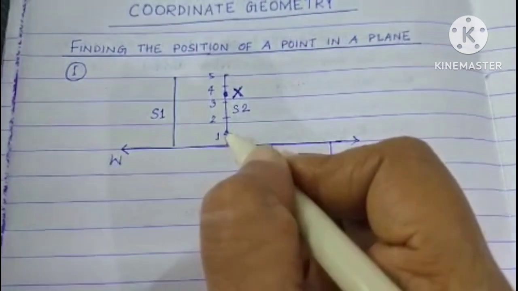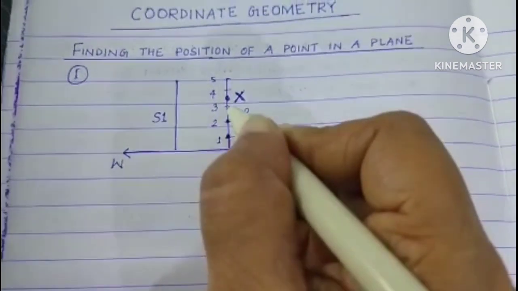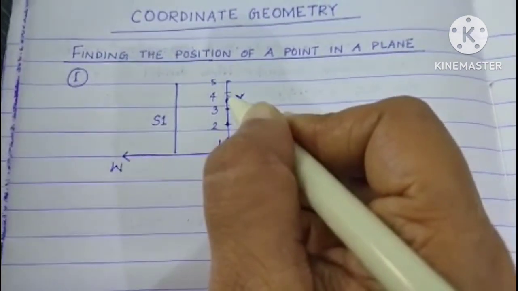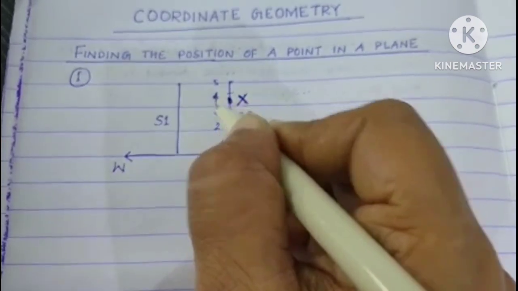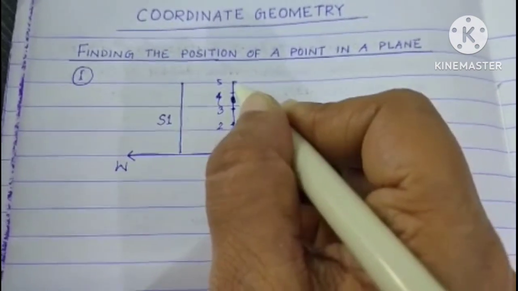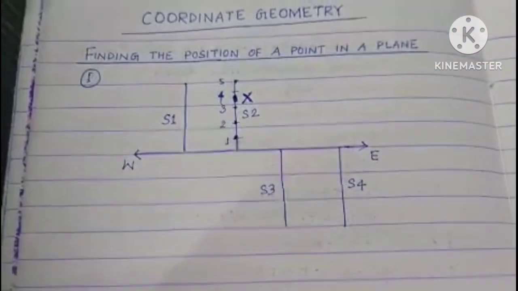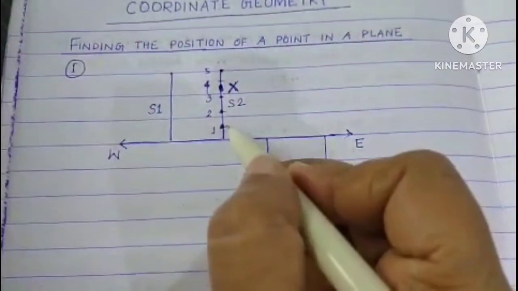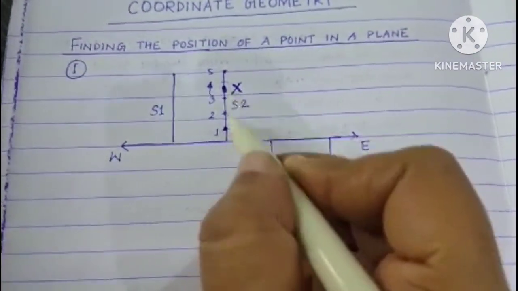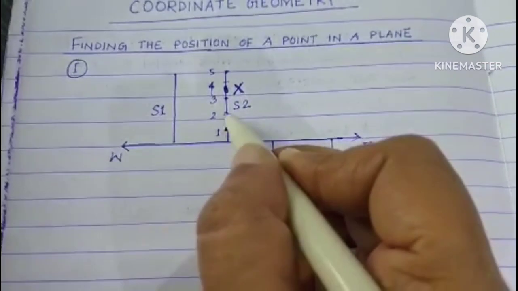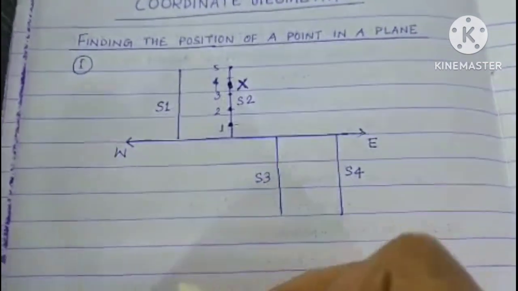Let us suppose these are the points, point 1, point 2, point 3, point 4, and this one let us take as point 5. So now let us say these are the houses, house number 1, house number 2, house number 3, house number 4, house number 5.